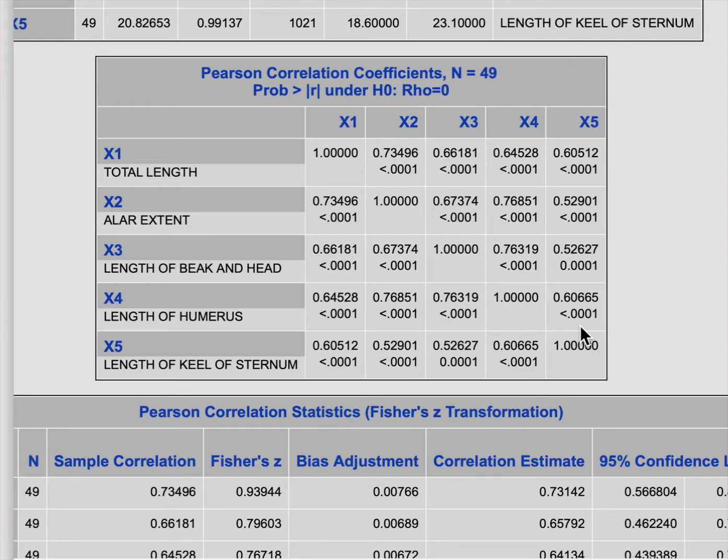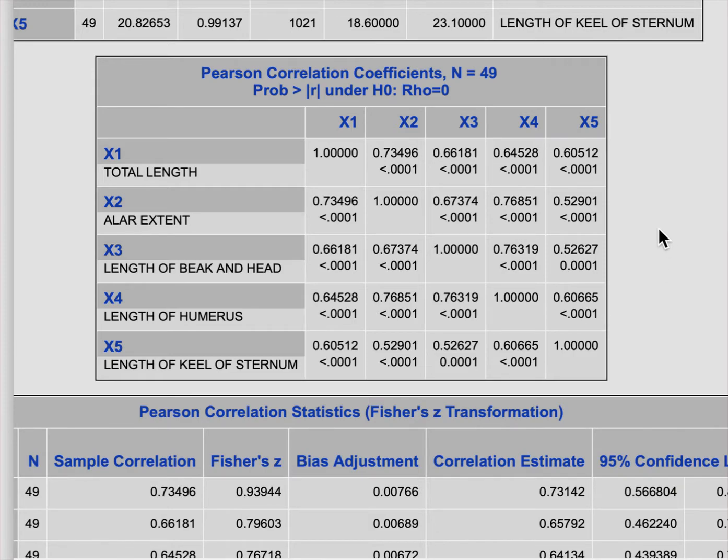Now that's a lot to talk about, isn't it? Well, that's because there are a lot of correlations. Pairwise, when we consider 5 variables, there are 10 different hypotheses. There are 10 correlations that we're talking about between the variables, and therefore 10 hypothesis tests. 1, 2, 3, 4, 5, 6, 7, 8, 9, 10 tests.